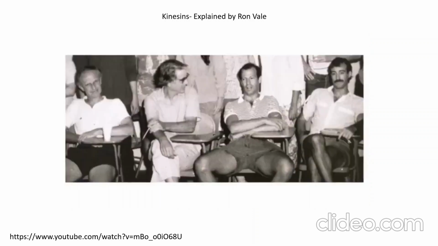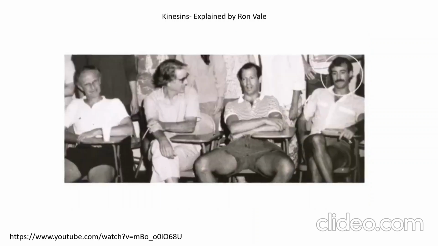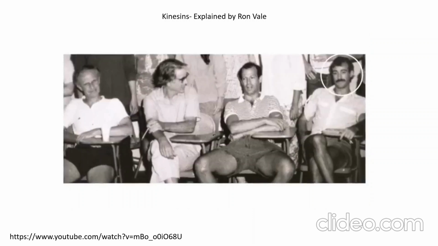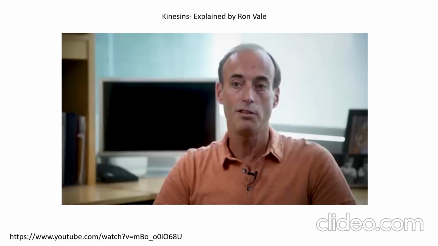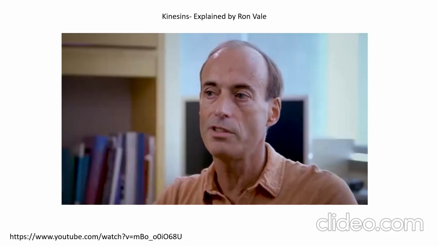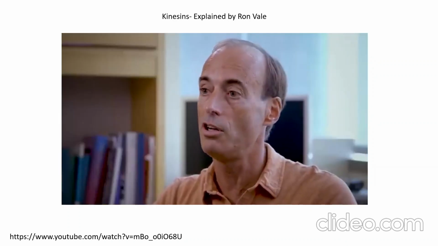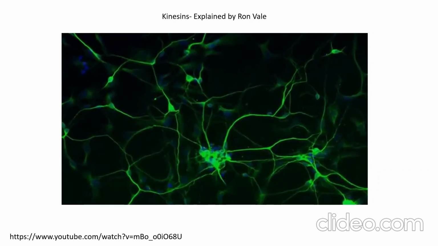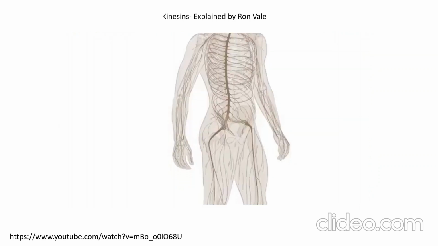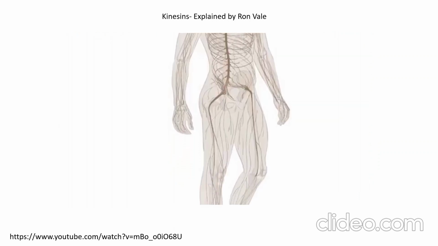We discovered kinesin in 1984. I was 25 years old at the time and a graduate student. I was interested in the transportation system inside of nerve cells. What makes nerve cells so interesting is that they're extraordinarily long cells. For example, the part of your nerve cell that has the nucleus, where the DNA is located, is in your spinal cord.